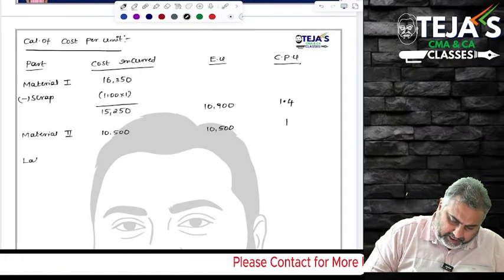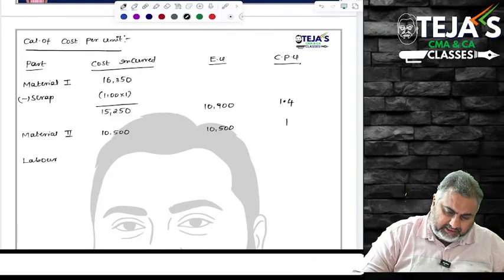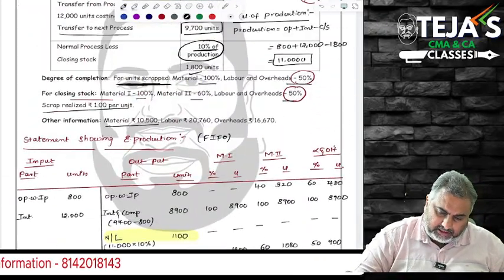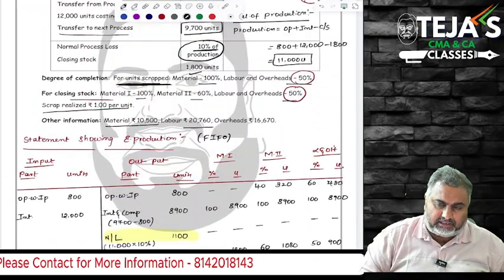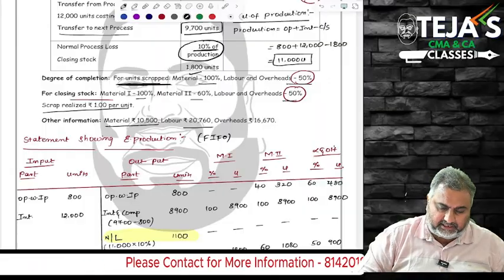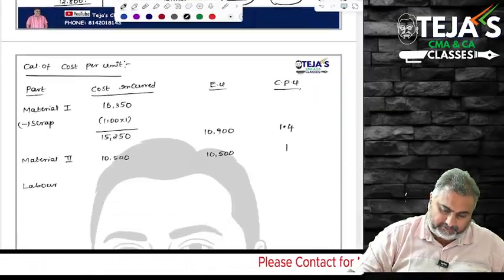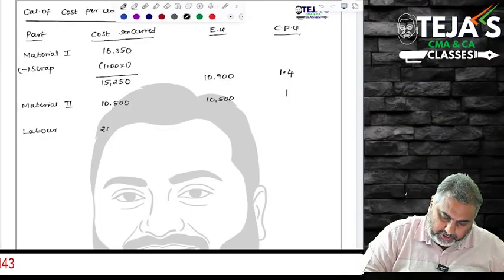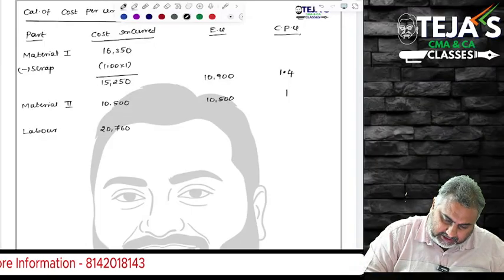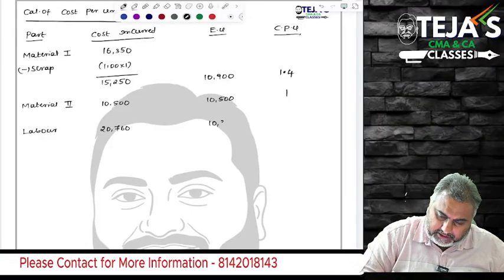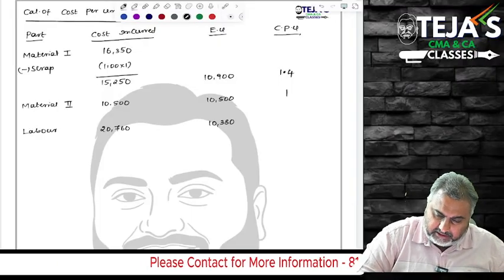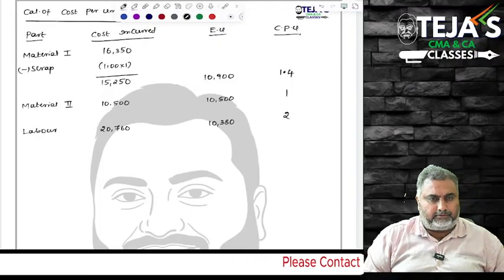Then labor. See the labor cost given in the question. 20,760 cost incurred they given, other information point of view. So 20,760. Equivalent units are 10,380. So cost per unit was 2 rupees.